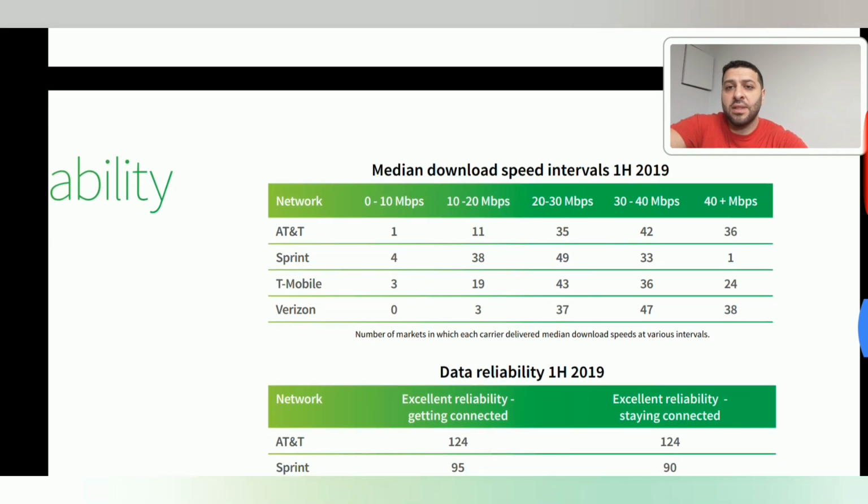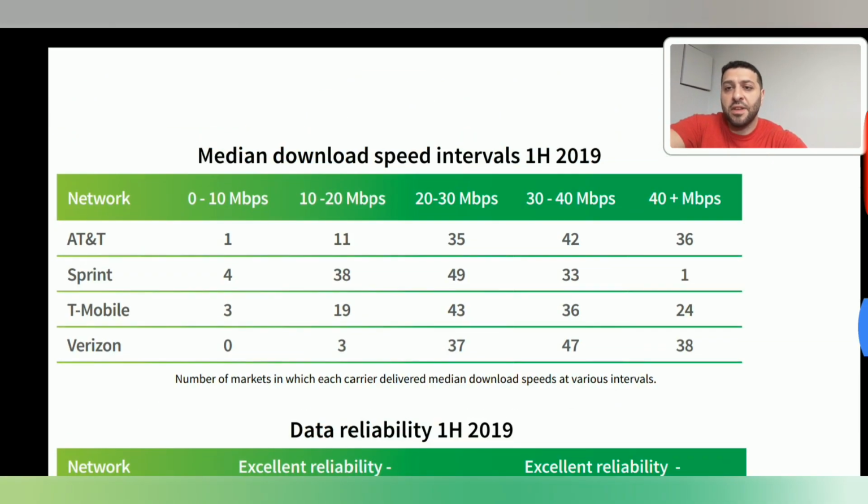Here's the median download speeds for each of the carriers. You guys can pause the video if you'd like to learn about the download speeds. You see AT&T has a lot of, I guess we could say, markets of 20 or more megabits per second on average download. To me, I think there's a measure of capacity, really, if you think about it.